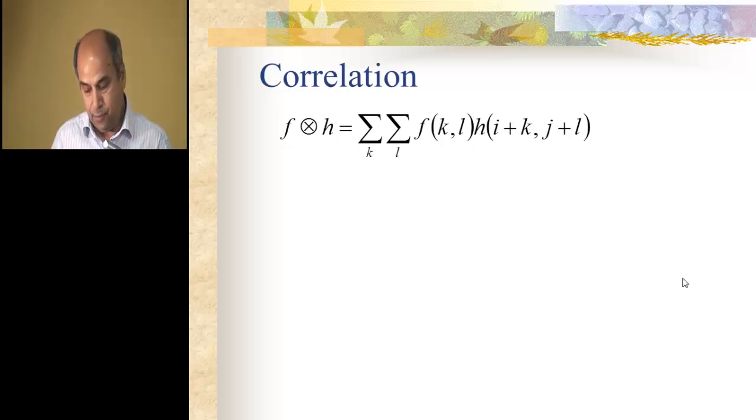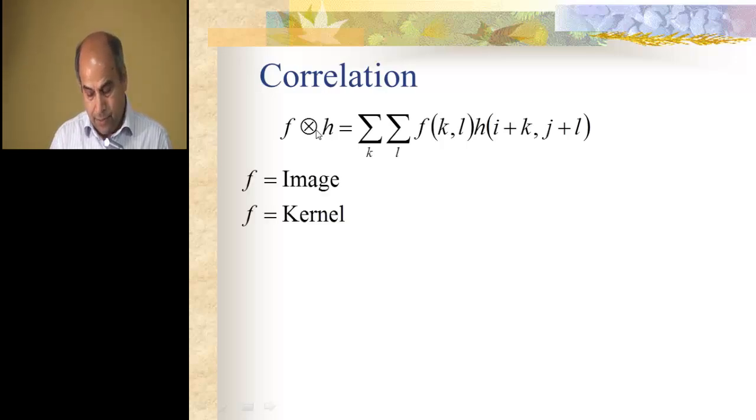That's why we have these two summations. We take the values of f and the corresponding values of the mask or kernel and multiply. If it is 3 by 3, we do this for 9 pixels, 3 rows, 3 columns. If it is 5 by 5, we do it for 25 pixels, and so on. That is the notation we are going to use for correlation.